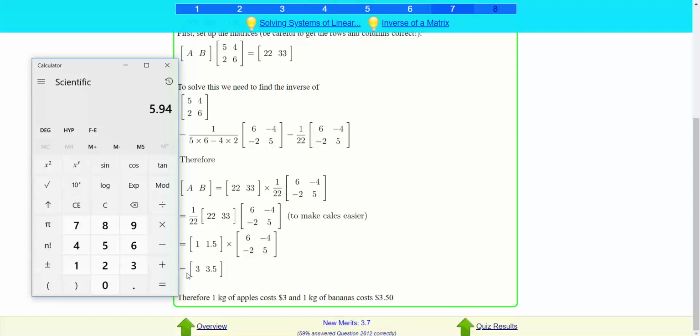So it's minus minus, that's plus. So 0.18 multiplied by 33. 0.07 multiplied by 22. What am I doing wrong here? Something is a bit off.